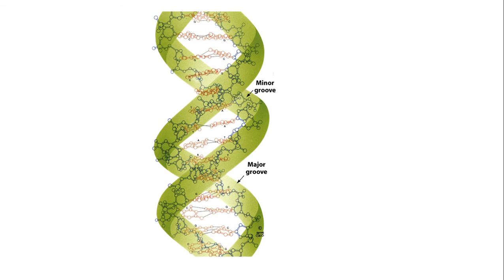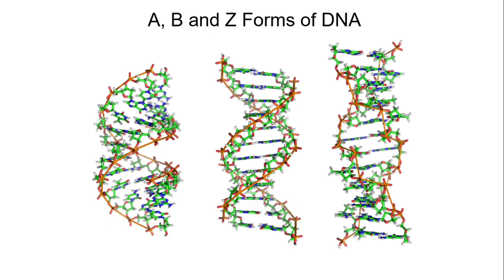There are about 10 base pairs per turn, which translates to a rise of 3.4 angstroms per residue. The twisting of the ladder into a helix creates both of these grooves. Again, they're unequal in width. They're the major and minor grooves.